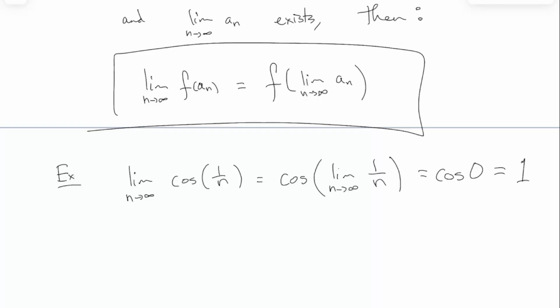And the answer is 1, all right? So the rule that you see in the box here just means if you have 1 over n inside of a cosine, you can kind of temporarily ignore the cosine part and just look at the 1 over n part and take the limit of that part.